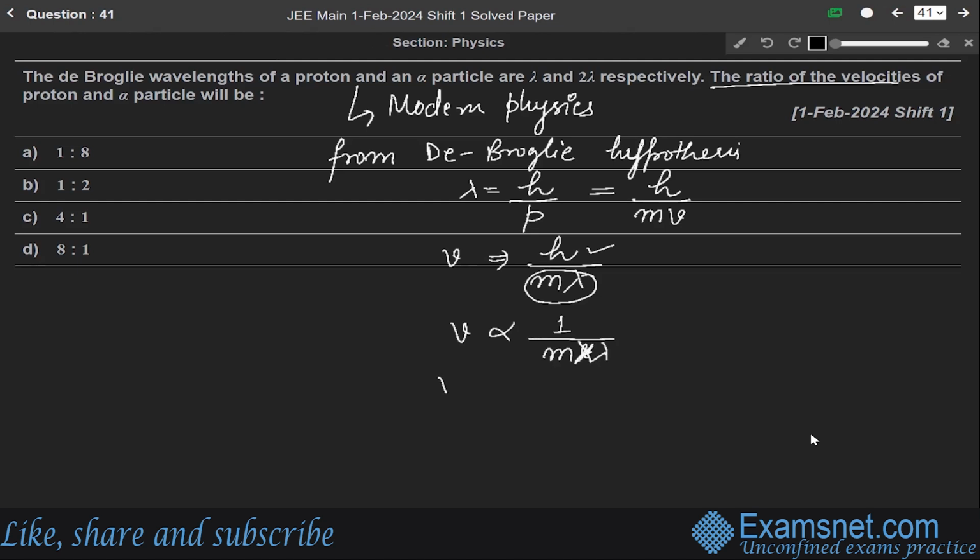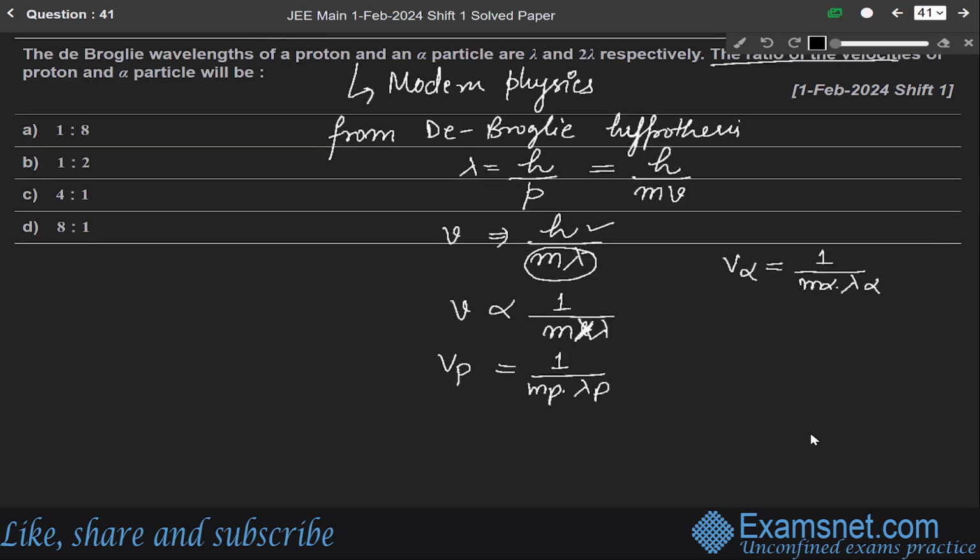So Vp, velocity of proton, will be equal to 1 over mass of proton into wavelength of proton. And the velocity of alpha particle will be equal to 1 over mass of the alpha particle into wavelength of the alpha particle. So Vp over V alpha, from equation 1 and equation 2, will be equal to what?